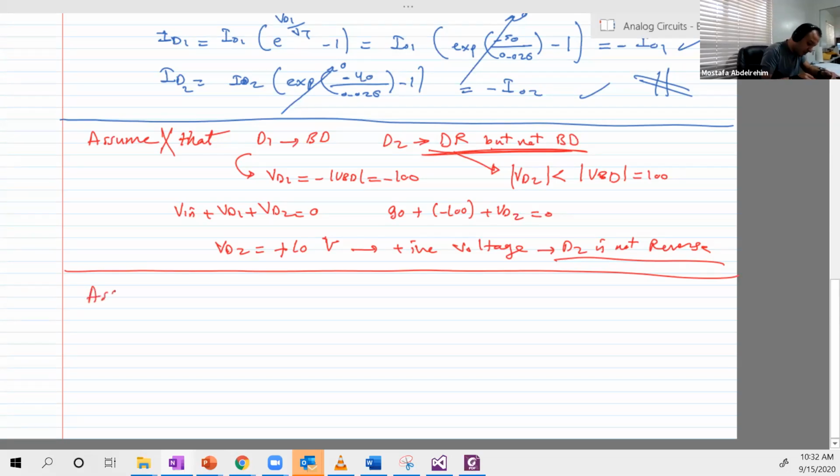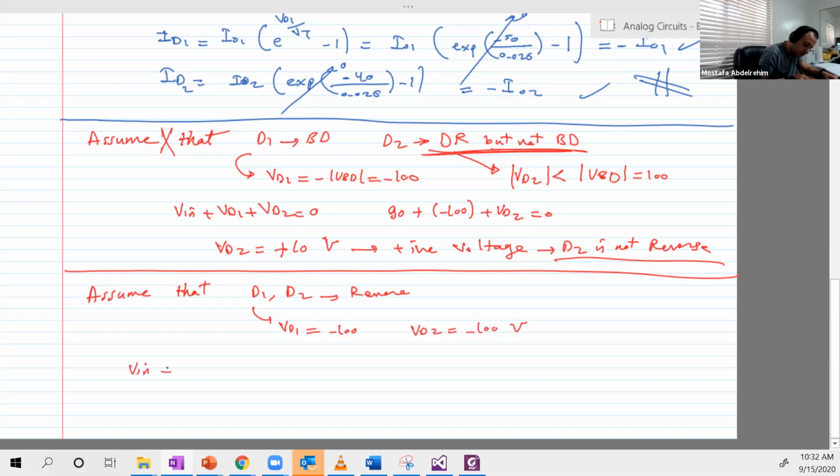Let's assume another bad assumption, that both D1 and D2 are in reverse. Which is basically wrong, because if both are in reverse, that means both of them will have 100 volts, so the input itself must be more than or equal to 200, which is not the case, even for A or B, 90 volts or 110 volts. But let's do that. VD1 equal to minus 100 volts, VD2 equal to minus 100 volts.